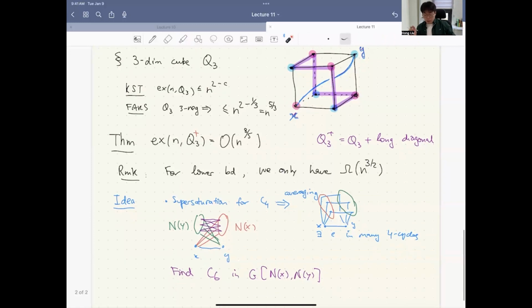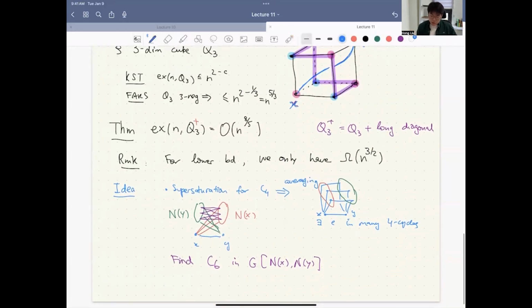And the trick is that for the number of four cycles containing XY, each such four cycle will correspond to an edge between their neighborhoods. So since this edge is in many four cycles, we have many edges between their neighborhoods.